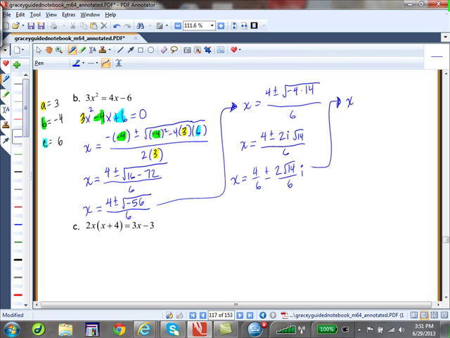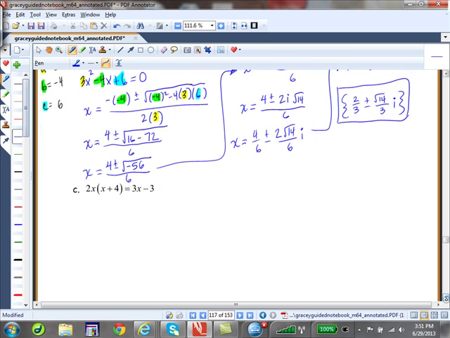So x will be equal to 2/3 plus or minus root 14 over 3 times i. And we're all set. How'd you do?